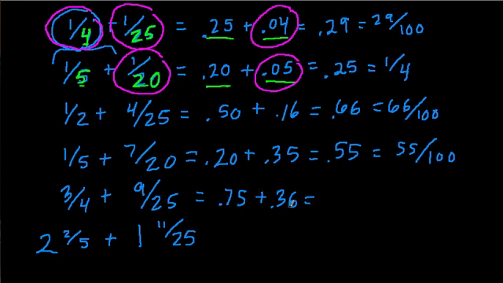So if we add these two up, I'm going to think of this as 75 cents plus 25 cents, and then, well, 36 is just 11 more than 25 cents. So this is like $1.11. I'm going to write that as $1.11. 11 cents out of 100 pennies.